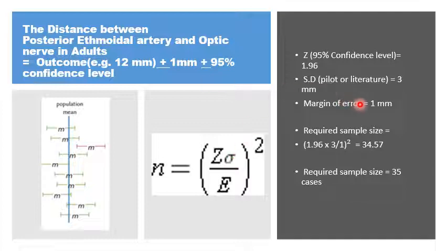And the margin of error that we have chosen, because we want to be very precise, would be 1 millimeter, and that would fall into here. And the equation would then be this amount would be squared, and the required sample size would be 34.57. This is the minimum, so the actual number of cases, either patients or surgical skulls or surgical specimens required, would be 35 cases.